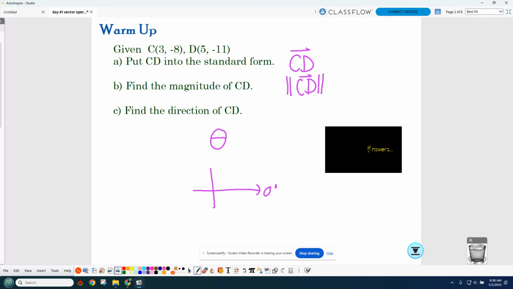Component form is the same as standard form. Standard form, standard position, component form, they're all the same thing. Is it end minus start or start minus end? Because I kind of forgot.